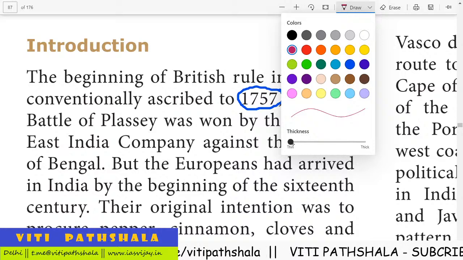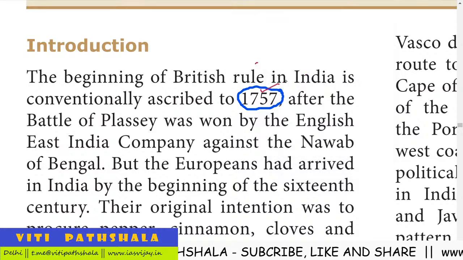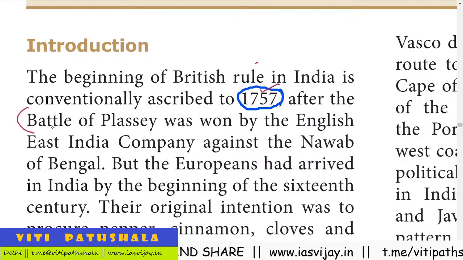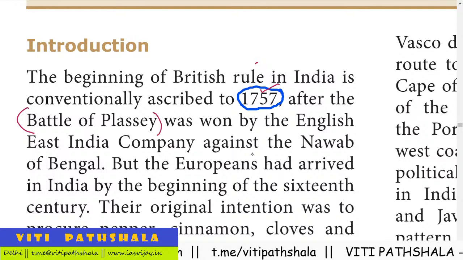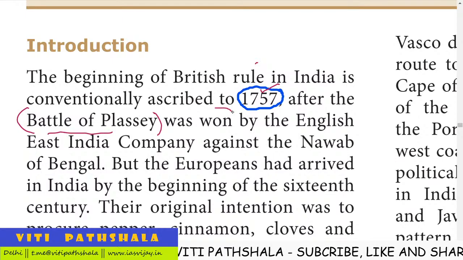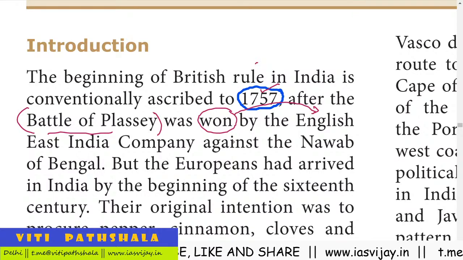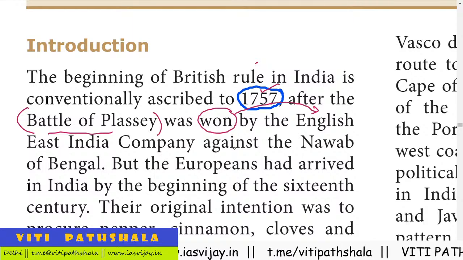This is an important date, you must remember this date, that is 1757. After the Battle of Plassey was won by the English East India Company against the Nawab. So in the Battle of Plassey, who won? The English won the Battle of Plassey against the Nawab of Bengal, and they came into power.